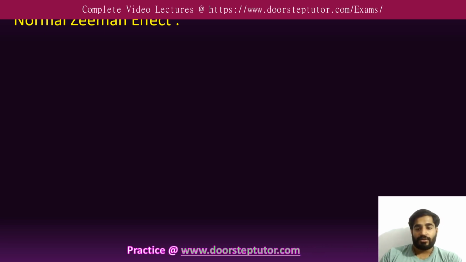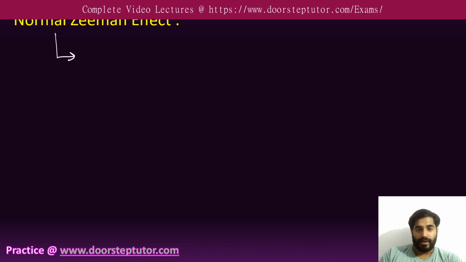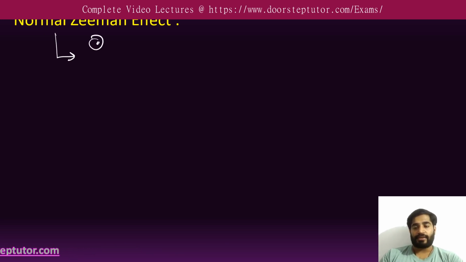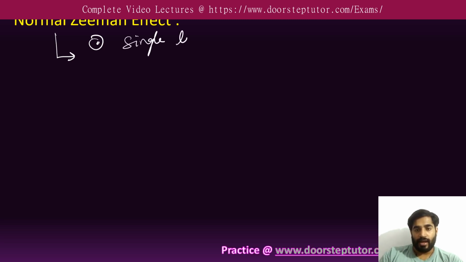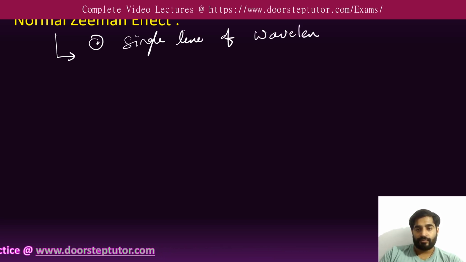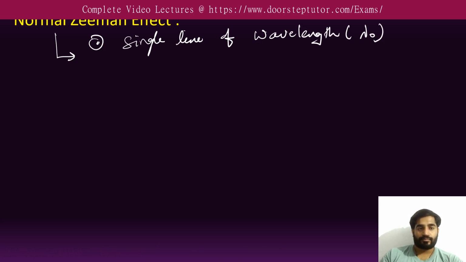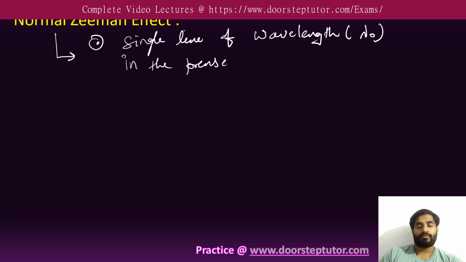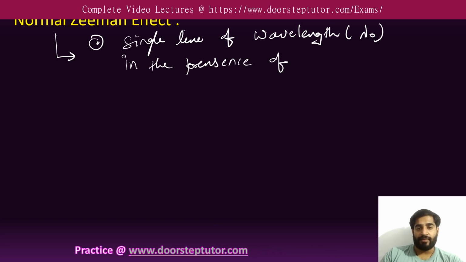Okay, so what happens is the normal Zeeman effect is a single line of wavelength, suppose lambda naught, in the presence of a magnetic field.